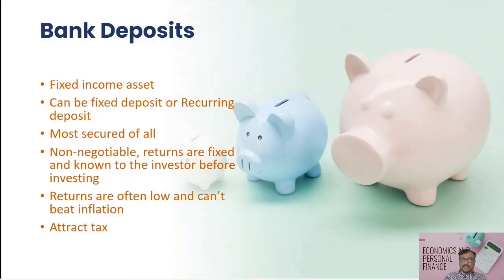The deposits are considered the most secure among all investment options. They offer a high level of safety because banks are regulated by RBI, reducing the risk of losing your money. One advantage of bank deposits is that they offer assured returns, meaning the interest rates are fixed and known to the investor.